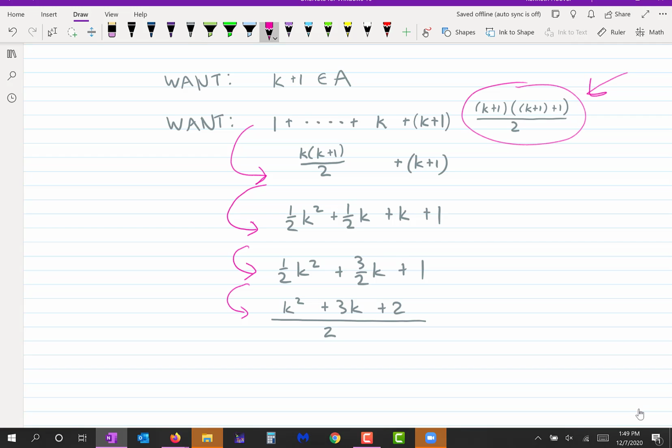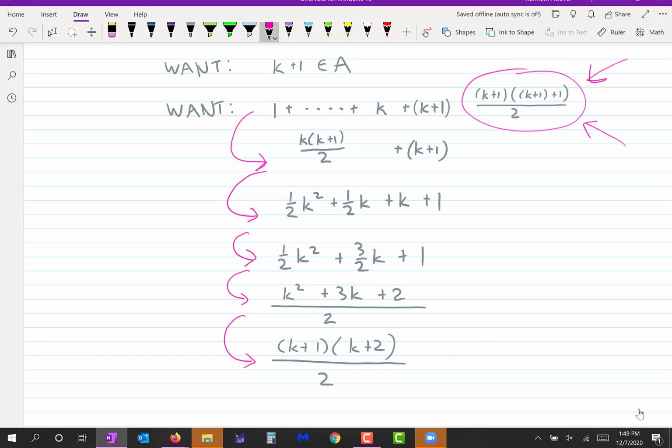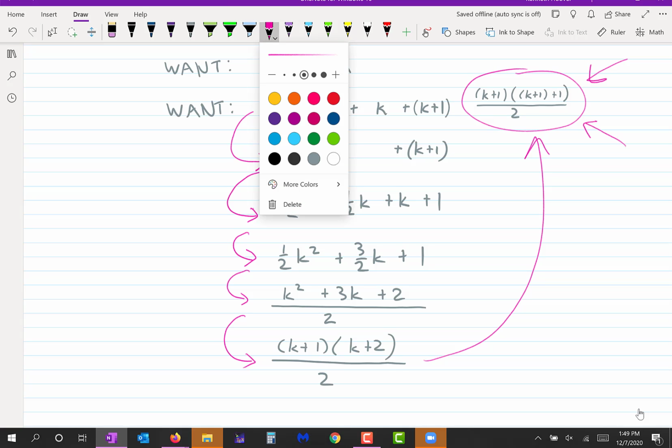Remember, here's our goal. I think you might be able to see how we can get there from here. Let's factor the top now. Doesn't that break up into k plus 1 times k plus 2? And isn't that exactly equal to this thing that we are hoping for it to be equal to? And so there's our string of logic.